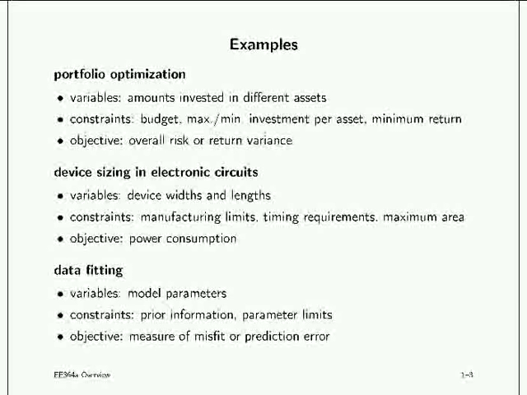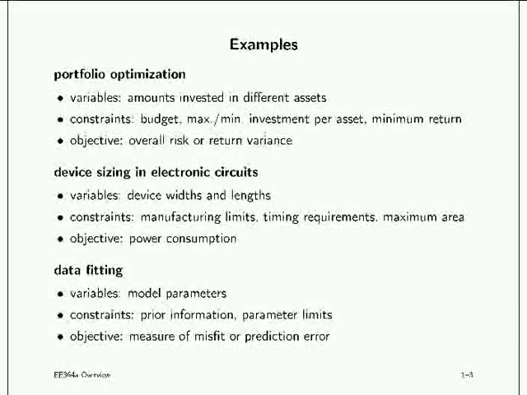You could have a minimum return, and of course you could have things like margin limits and things like that. Now the objective here might be that given all the constraints and a required minimum return, you minimize the overall risk or return variance. So this would be a typical objective in finance.